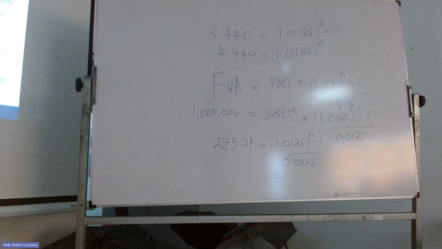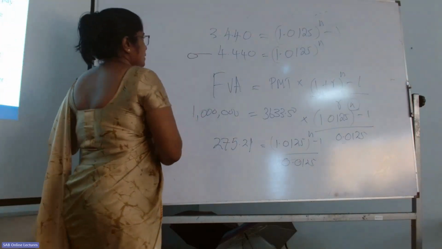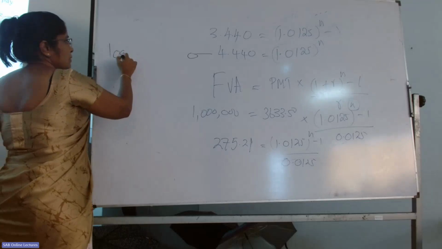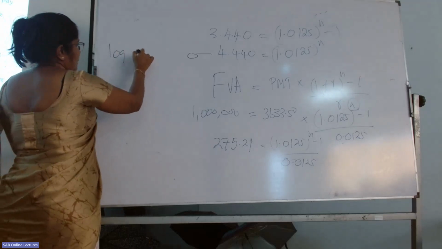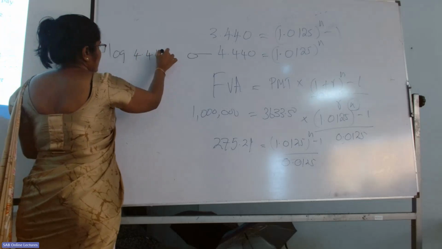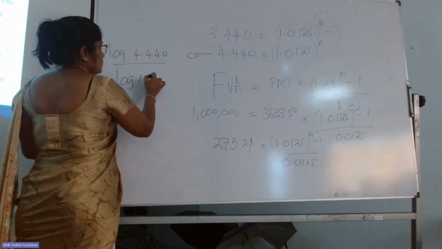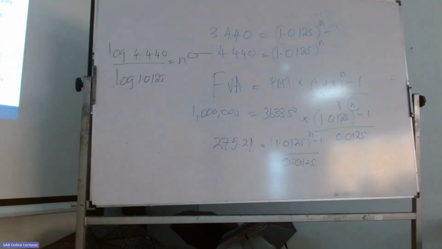So here we can convert this into log. Okay? And convert it into log form. So therefore log 4.440 divided by log 1.0125 is equal to 8. Okay?